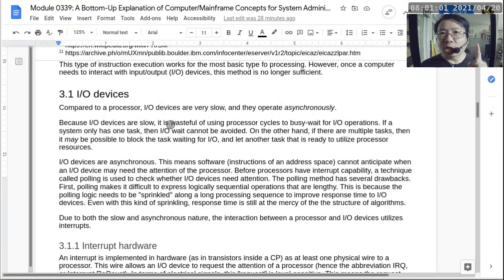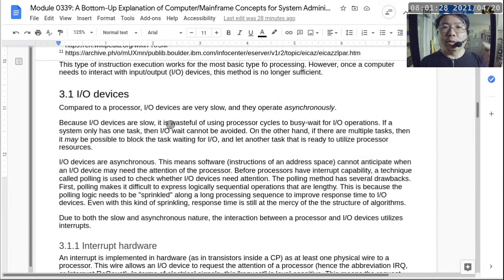When one job is waiting for the DASD, back in those days still hard disk drives, for the hard disk drive head to move from one track to the next, that's a long wait. In terms of processor time, that is a long period of time.